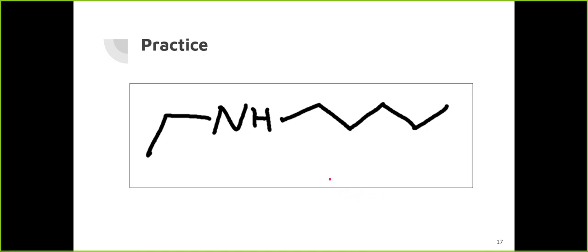All right, looks like we're building a consensus. Yeah, so N-ethyl-1-pentanamine. We've got 1, 2, 3, 4, 5 carbons with an amine group attached to the very first carbon. So this is 1-pentanamine, and then that's N-ethyl.